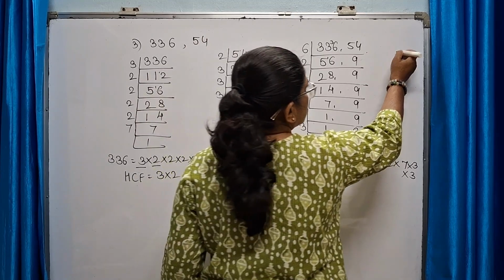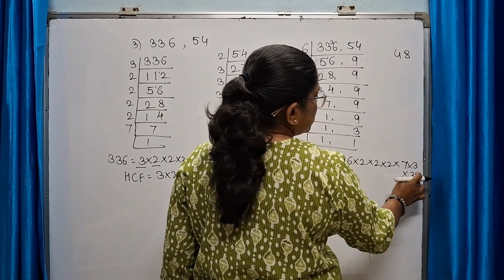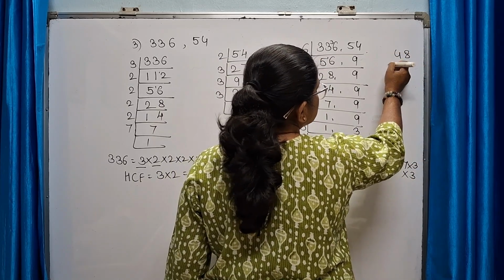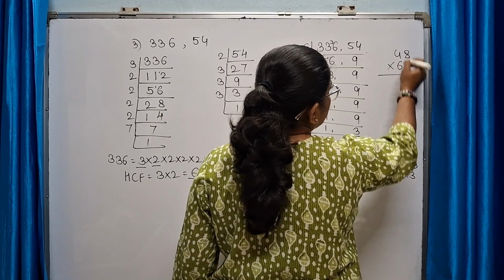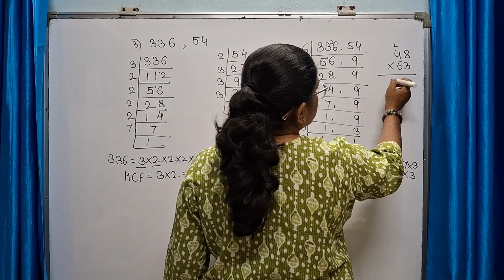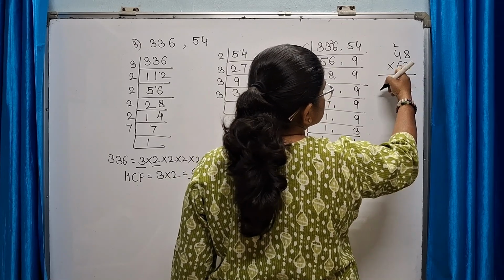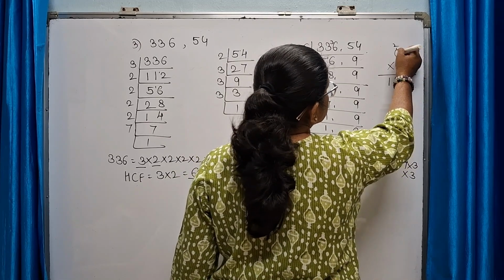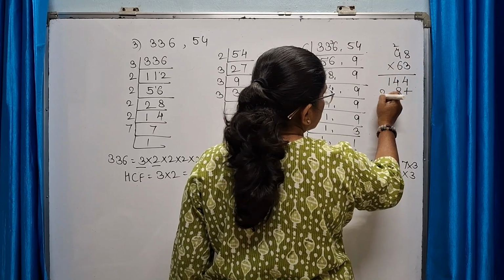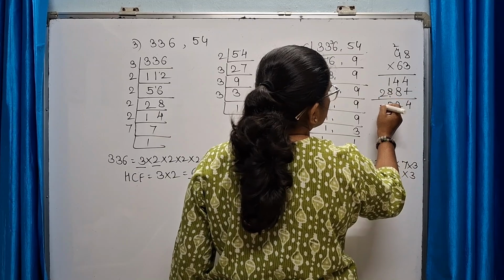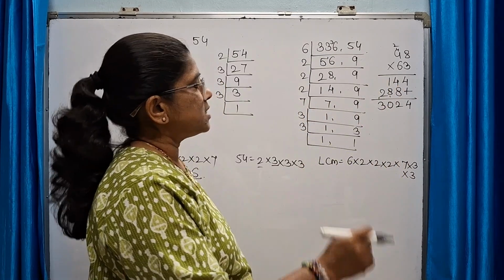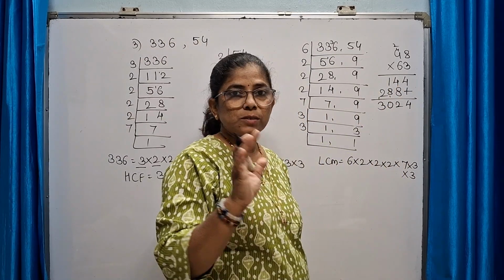We'll take this 48. 3 3s are 9, 9 7s are 63. We'll multiply like this. 3 8s are 24, 3 4s are 12 plus 2 is 14. Add this. 6 8s are 48, 6 4s are 24 plus 4 is 28. 4 2 0 3. So in this case LCM is 3024.